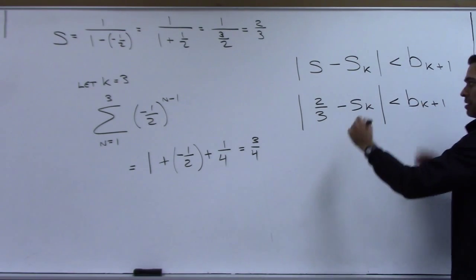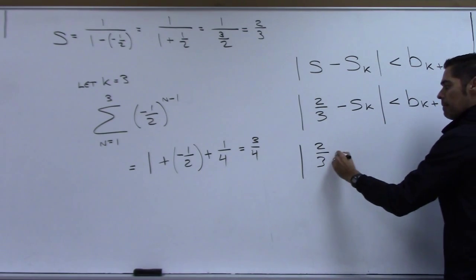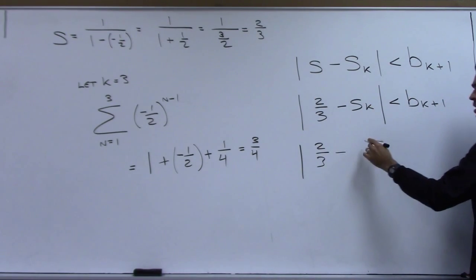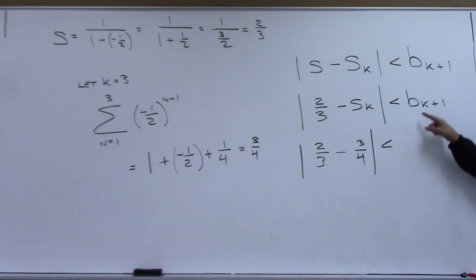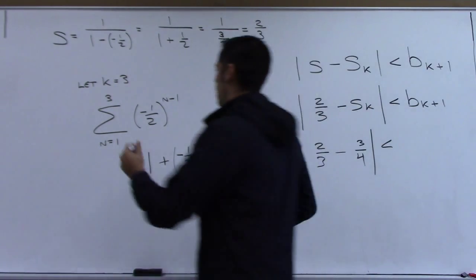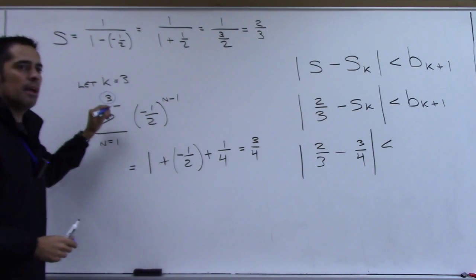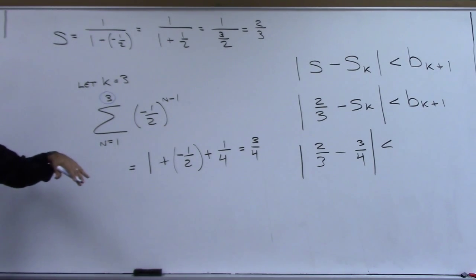So according to the estimation theorem, the true answer minus the kth partial sum, 3/4, should always be smaller than what? B sub k plus 1. That means if I look at k, which is 3, and I look at b sub n. What was b sub n? Everyone has to go back and look at the way I wrote it a second ago.